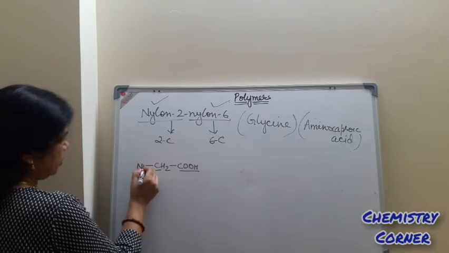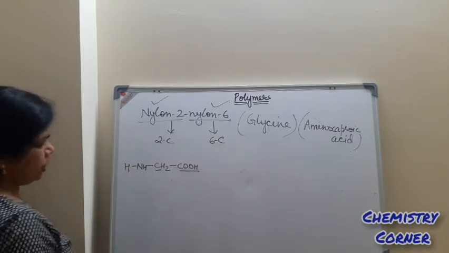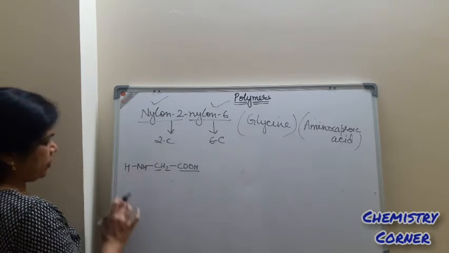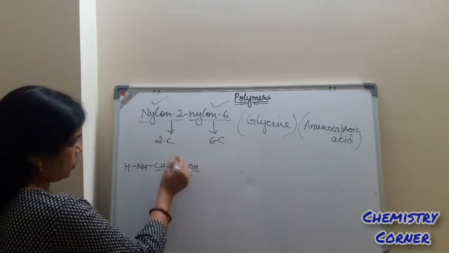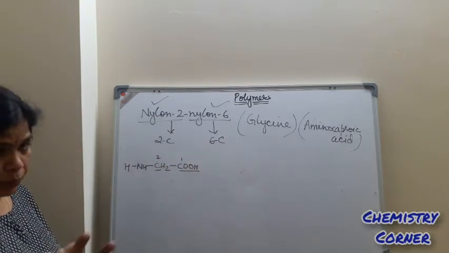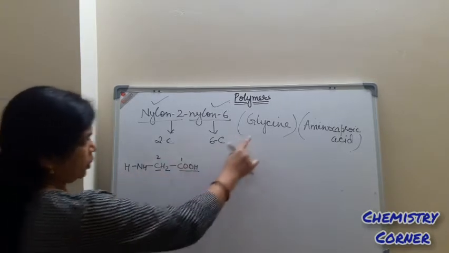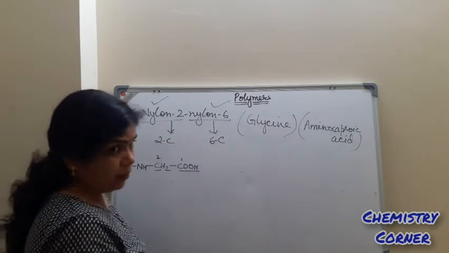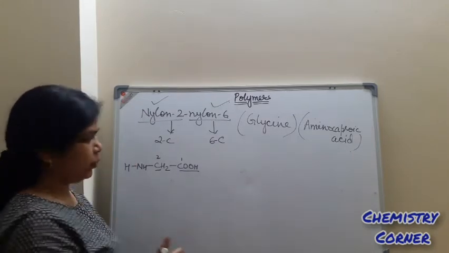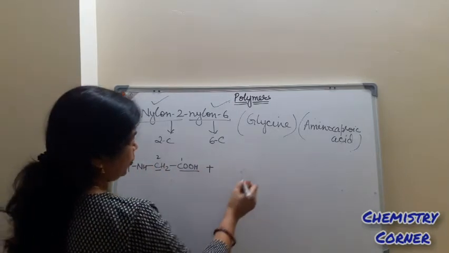Then the next functional group will be NH2. So we are writing NH2 in explanatory form, NH and H. This is CH2 COOH. So it is indicating, okay, it has 2 carbon with 2 opposite functional groups. One is carboxylic acid, one is amino. That is why it is called glycine. It is an amino acid, okay, and it is an optically inactive amino acid. So its n molecules.